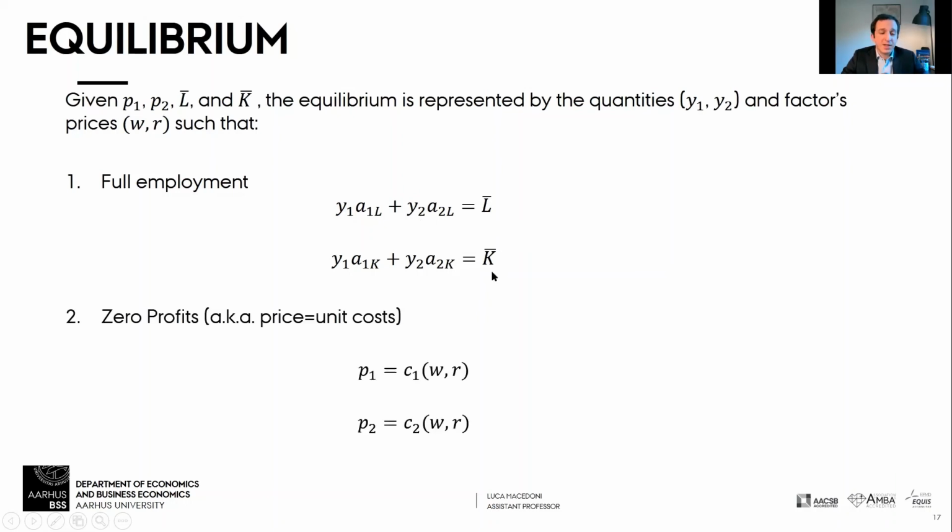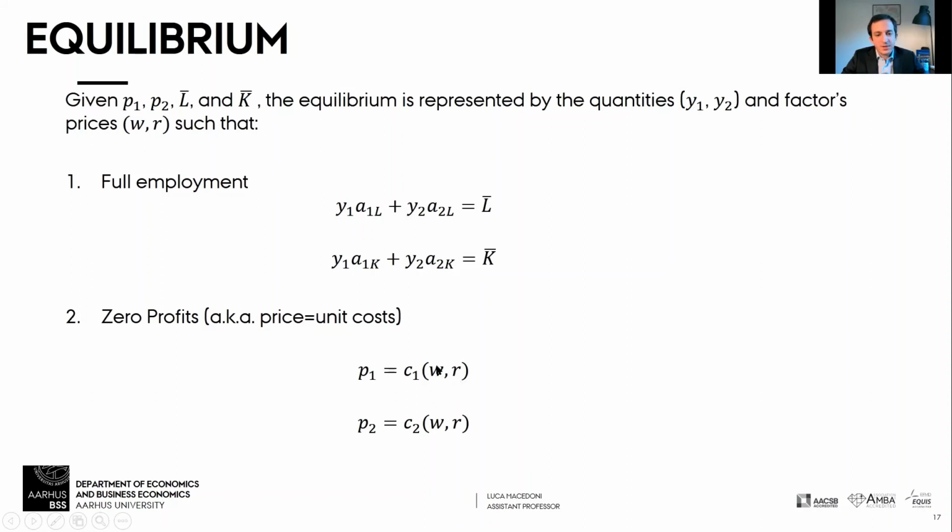Now the second equilibrium condition is the zero profit condition. The prices are equal to the unit costs. We characterized the unit cost before, right? And so this sort of makes sense. Given the international prices, under some conditions, which we'll discuss, the two prices, P1 and P2, will determine the wage and the rental on capital.